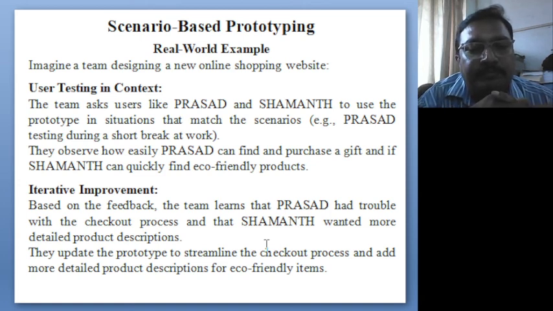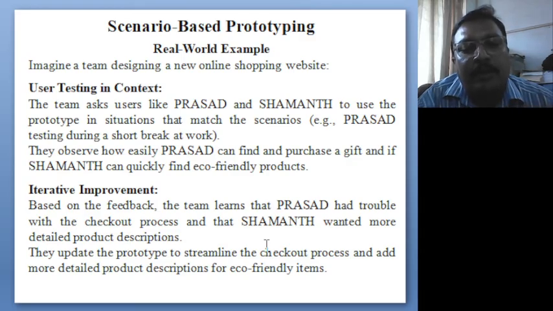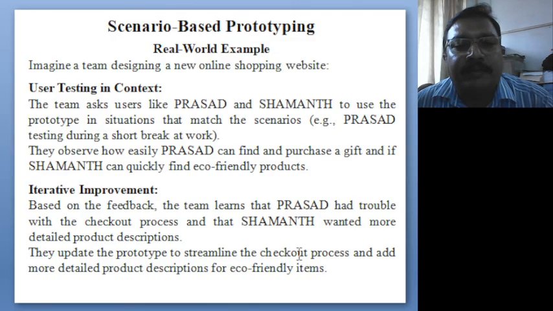They will check what troubles we faced. Based on that, they will further improve and update the prototype to streamline the checkout process and add more detailed product descriptions for eco-friendly items.